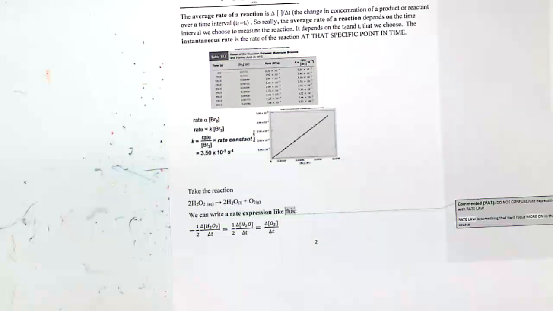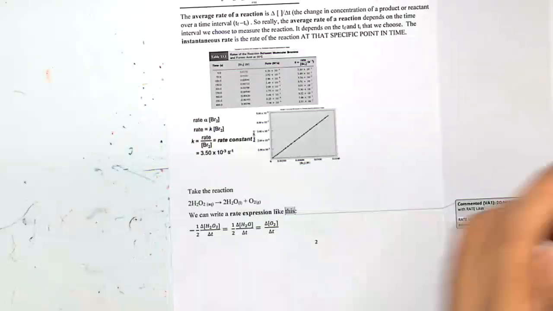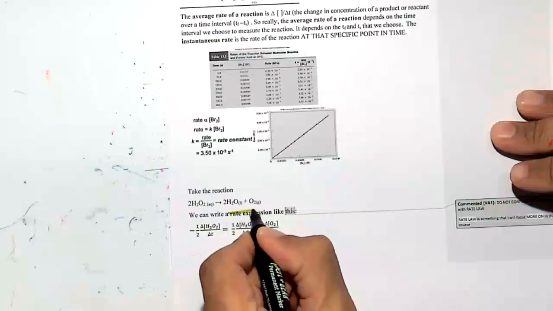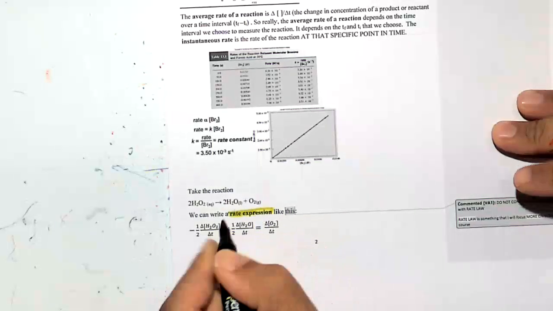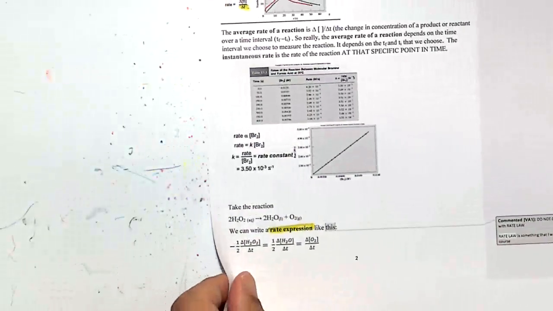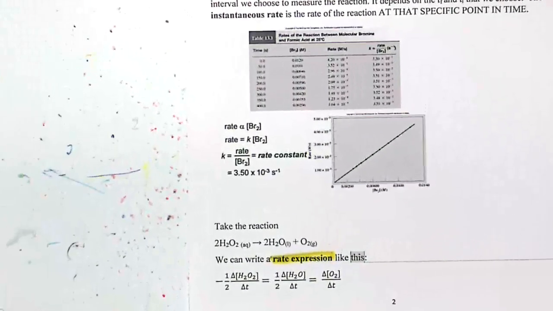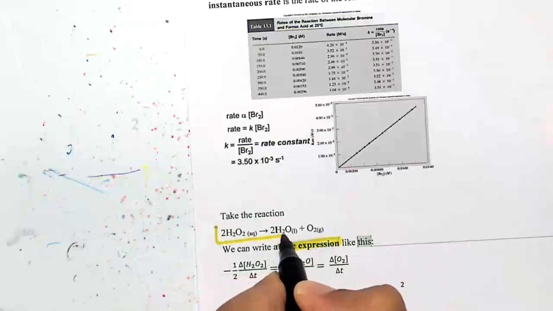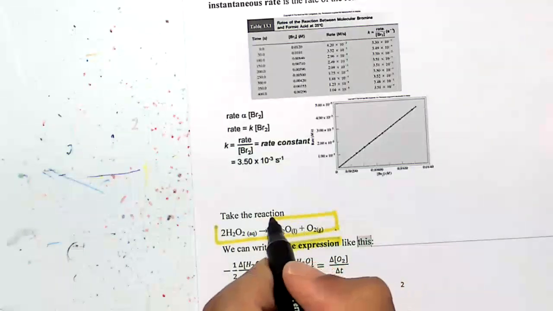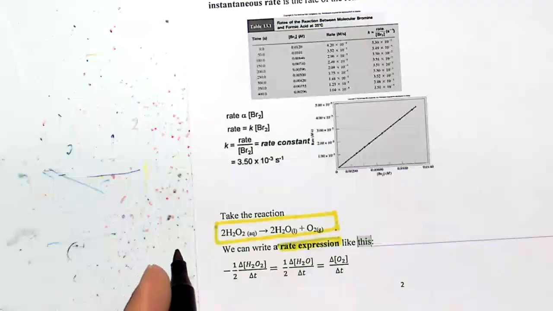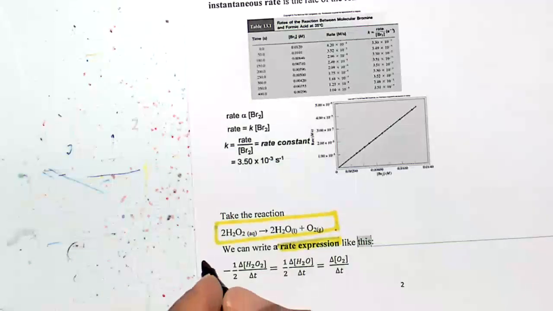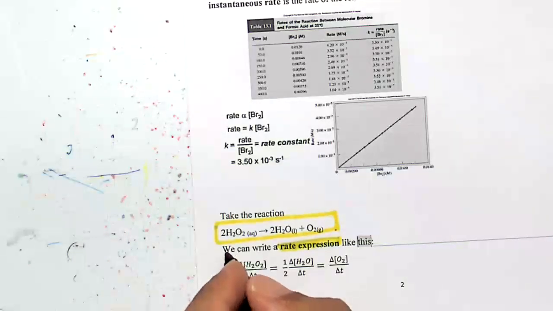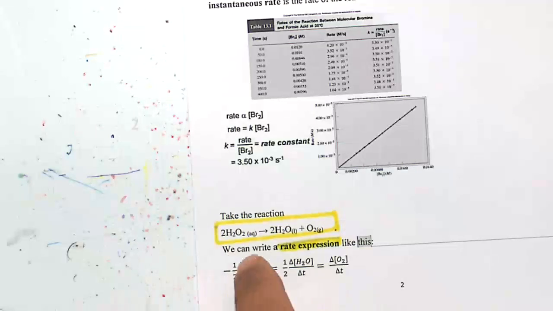This is not something I'm going to emphasize, but I want to introduce it to you because you may get some exposure to it in your future studies. Rate expression. Look at this reaction with me: 2H2O2 goes to 2H2O plus oxygen gas. What's going to happen over time with the concentration of H2O2?